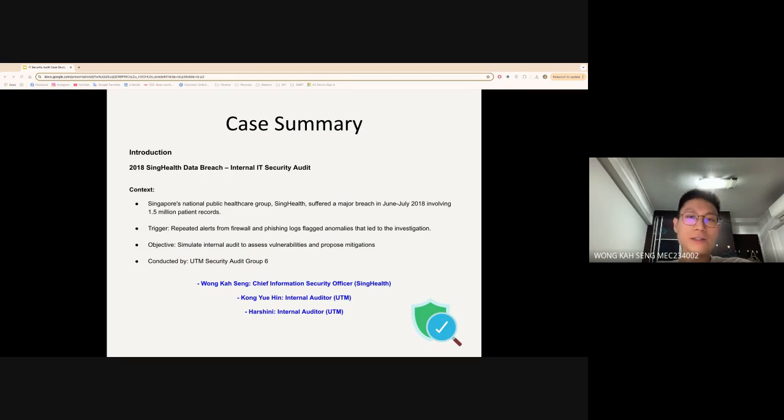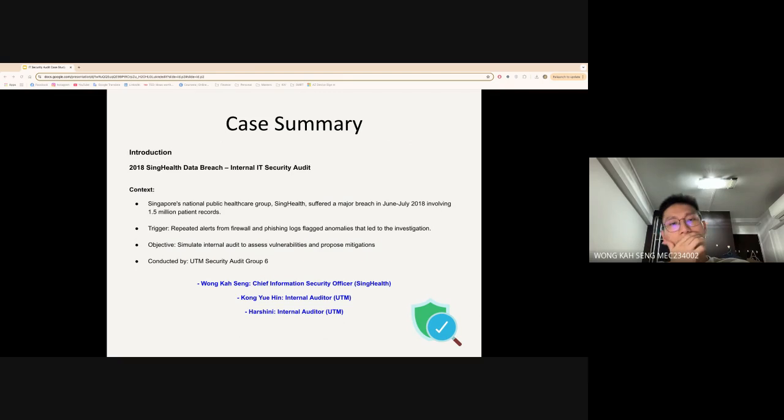The case we'll be presenting today is a retrospective internal audit of the 2018 Seng Health data breach. This was one of the most serious cybersecurity incidents in Singapore, which compromised over 1.5 million patients' personal data.